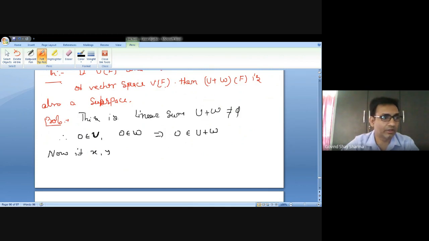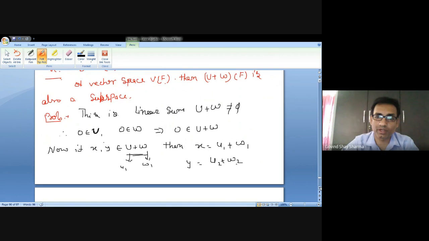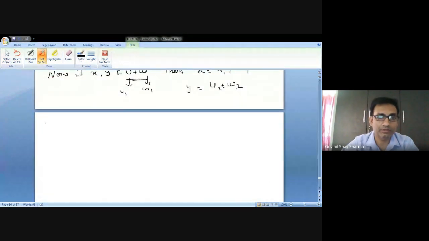Now if x, y belong to U plus W, then x can be taken in the form u1 plus w1, and y is taken as u2 plus w2, because the elements of U plus W come from U and W. Here u1 and u2 belong to U, w1 and w2 belong to W, and alpha, beta belong to F. These are the scalars.